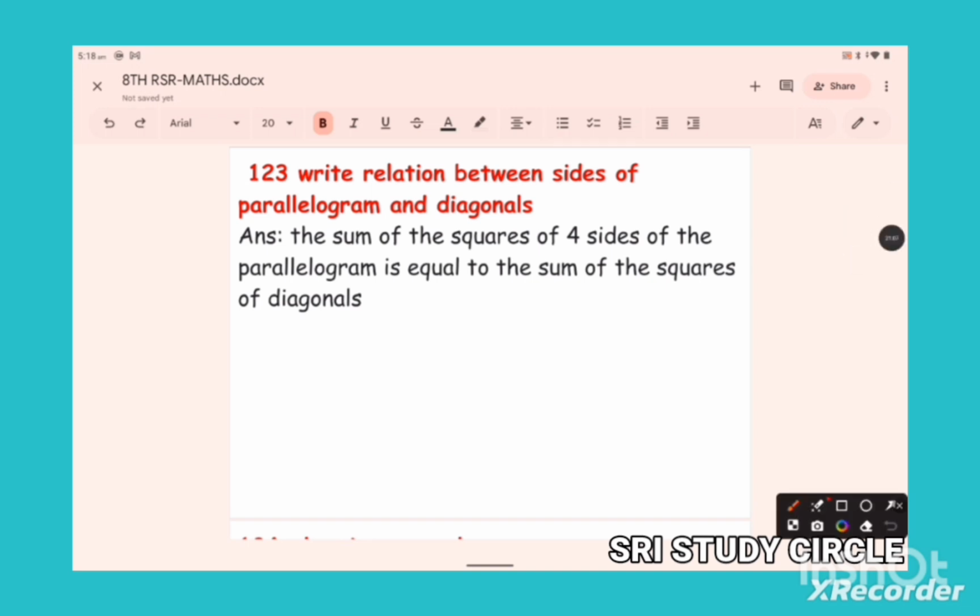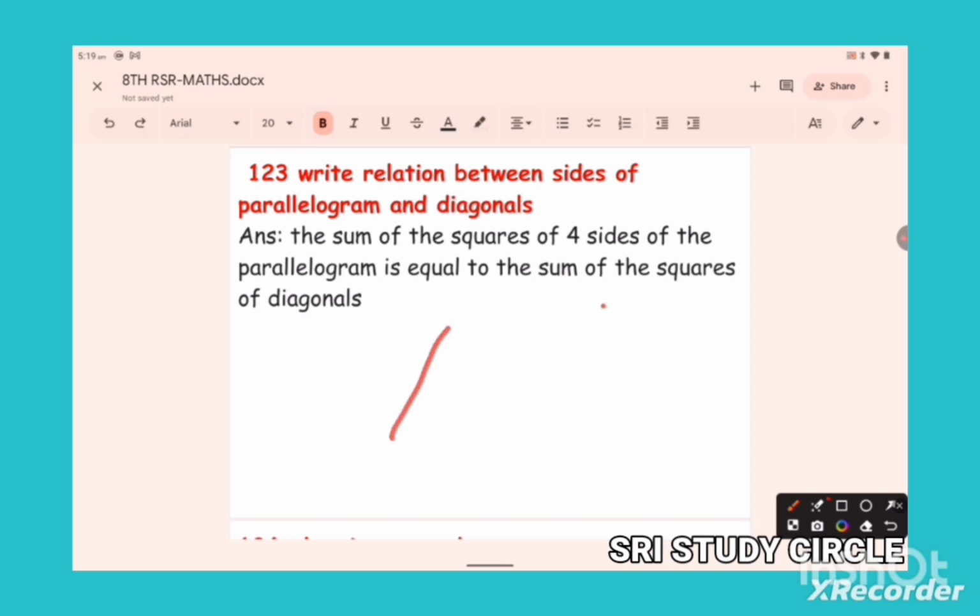Write the relation between sides of a parallelogram and diagonals. The sum of squares of the four sides of a parallelogram is equal to the sum of the squares of the diagonals.